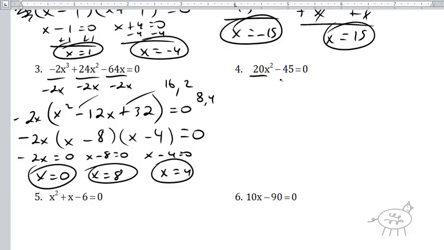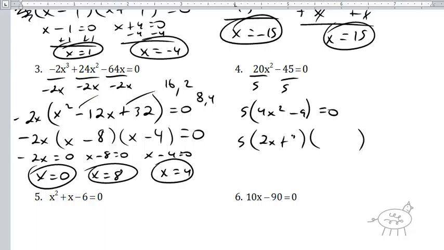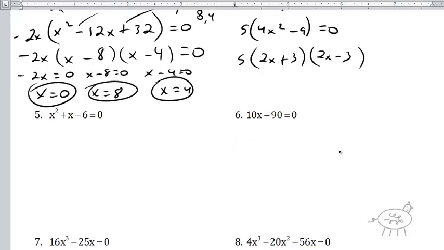Okay, the next one, I'm going to do greatest common factor, which is going to be a 5. So you get 4x squared minus 9 equals 0. Okay, so we do two sets of parentheses, so it's 2x plus 3, 2x minus 3. All right, not bad.